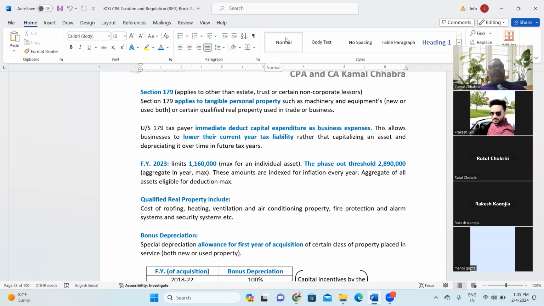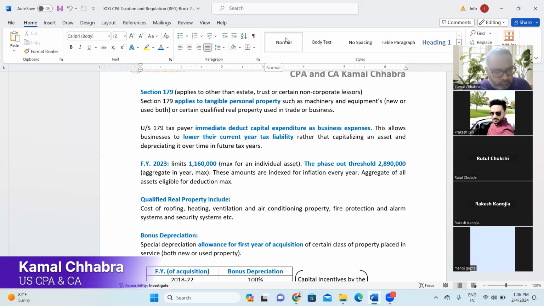Any doubt on Section 179? Just one question. Does this Section 179 apply to international investors or local investors as well? Like the example you've given, investing in Gift City, is this advantage only given to foreign investors, or to a local investor also?